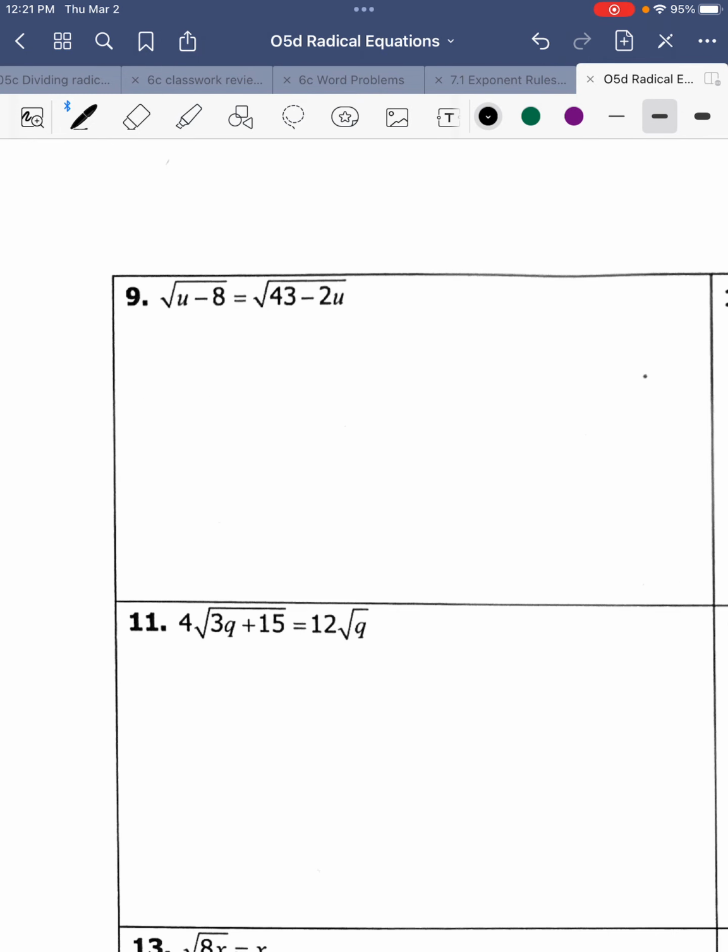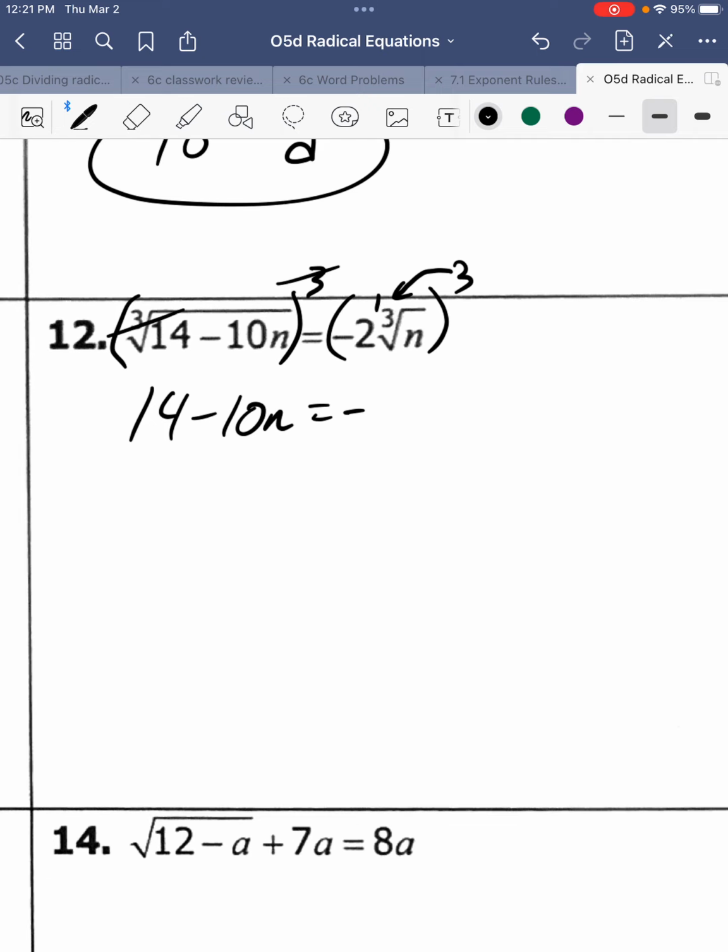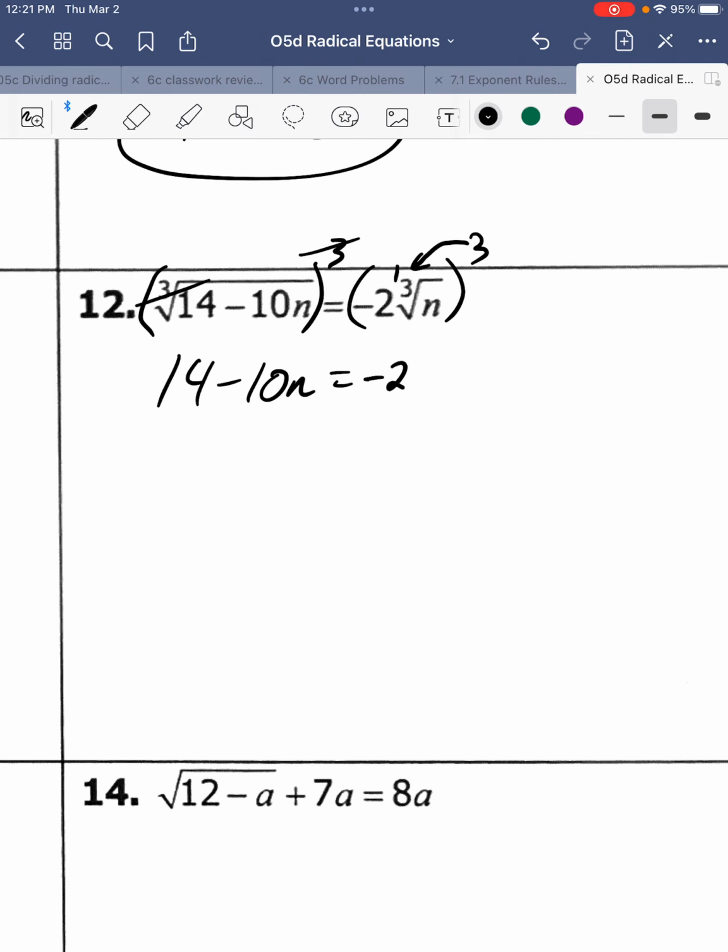So it's negative 2 to the first power. So it's going to be, whoa, sorry about that. It's going to be negative 2 to the third power. And then we have a cubing a cube root. We'll cancel that out. So it's times n. You don't need the little times there.